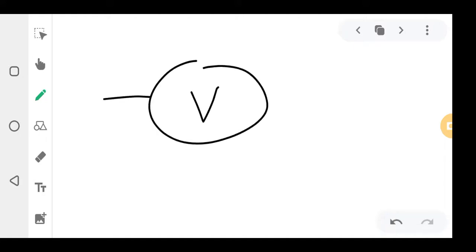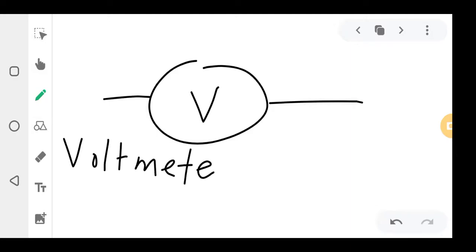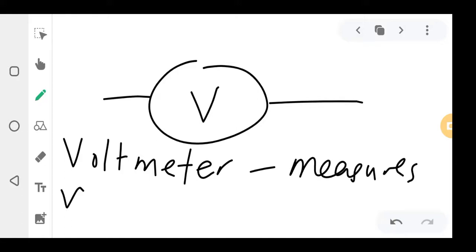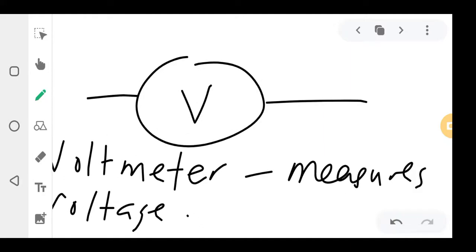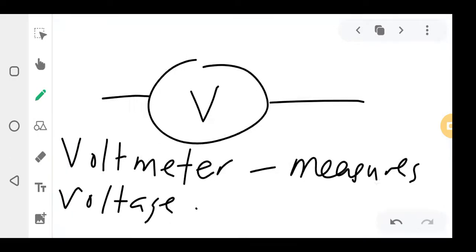The other symbol is V, which is the voltmeter. It measures voltage.